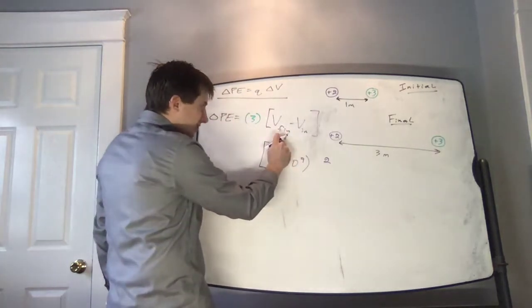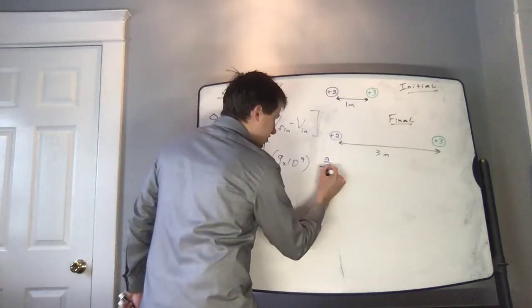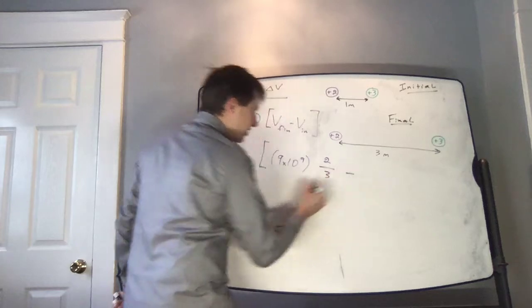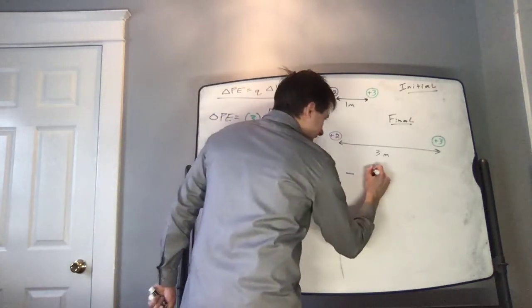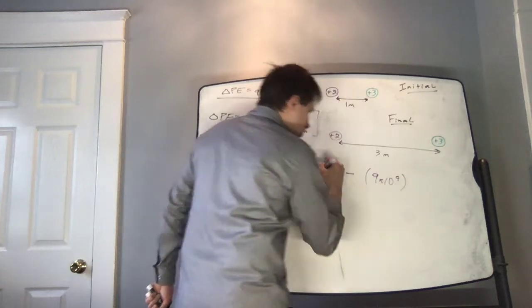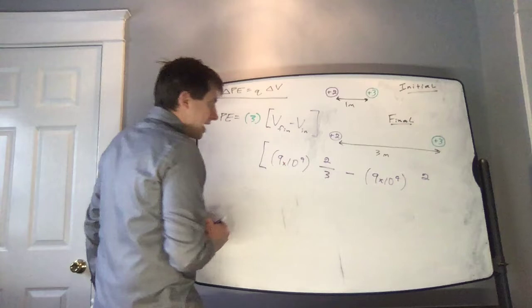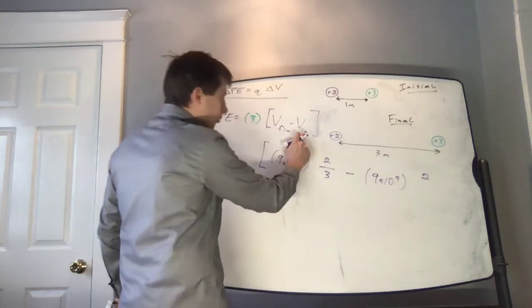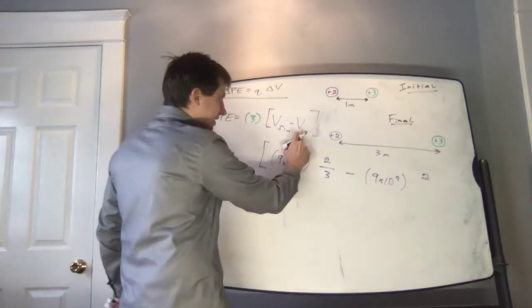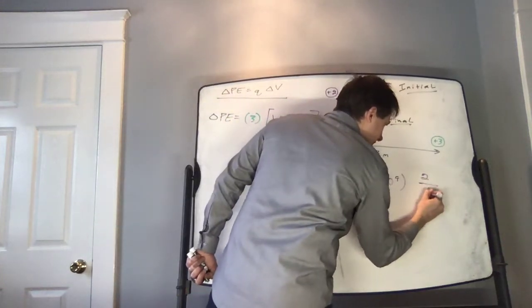The final position that we are evaluating at is 3 meters away, so 2 divided by 3. And then minus V initial. K, Coulomb's constant, 9 times 10 to the 9. The charge of the particle not moving is still 2 coulombs. And the initial position we are evaluating the potential at is 1 meter away from the charge that is not moving.